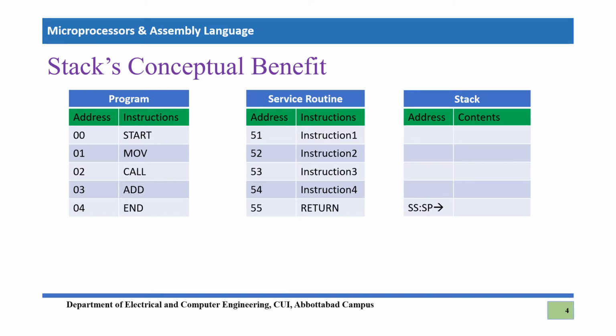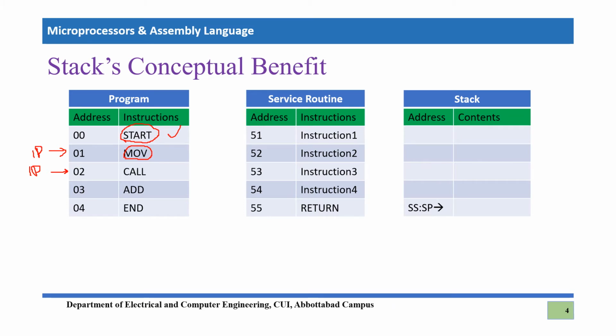So the program will be executed sequentially. The very first instruction to execute will be this instruction, and while it is under execution, the next instruction, which is move and its address is 01, should be pointed to by IP. Once this is done, the next instruction executes, and while it is under execution, the next instruction, which is call, should be pointed to by IP.